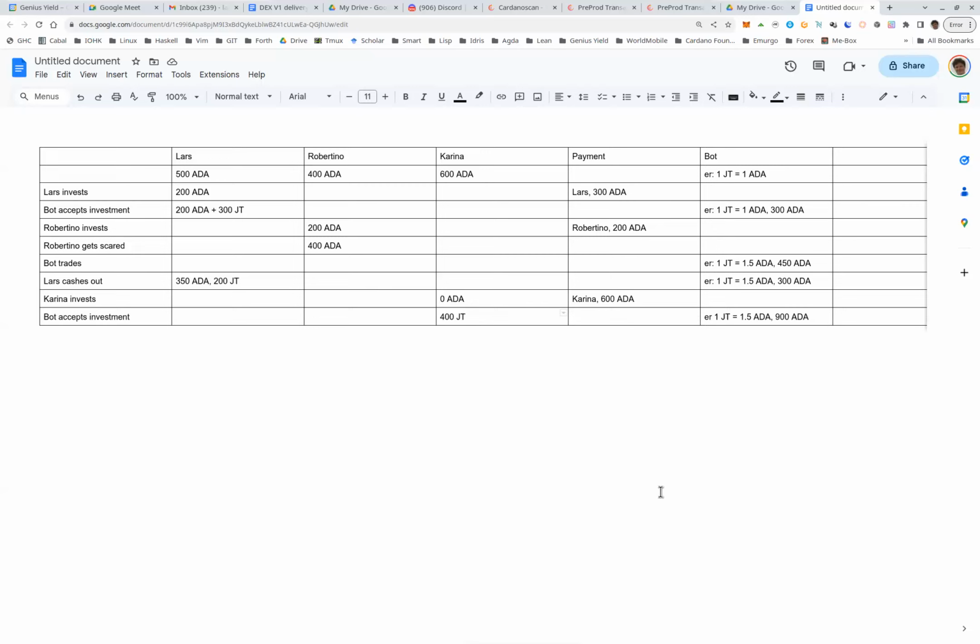Would be a fun project to actually implement that, and it's not too complicated, I think. Of course, what we said, you still have to trust the bot. The bot could just take the money and run. But apart from that, I think it's quite elegant.